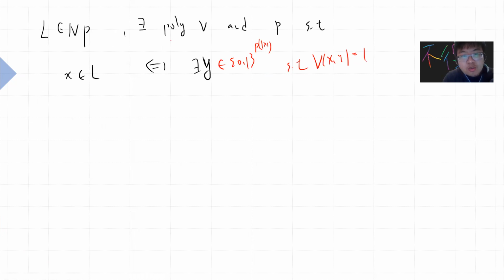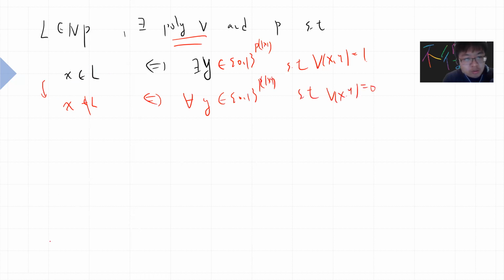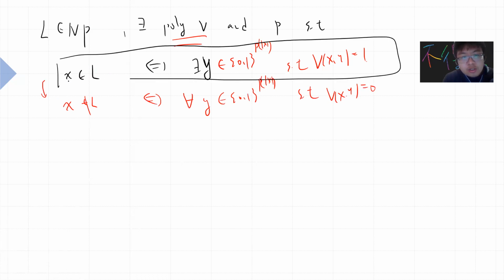V is a polynomial verifier. For example, somebody gives you a formula and asks whether there is a satisfying assignment, and you just verify it. You can also do the negation: if X does not belong to L, then for all Y, for every certificate, V(X,Y) is 0. To do this, I only need to define the first sentence, and then just do the negation. So this is L belongs to NP.